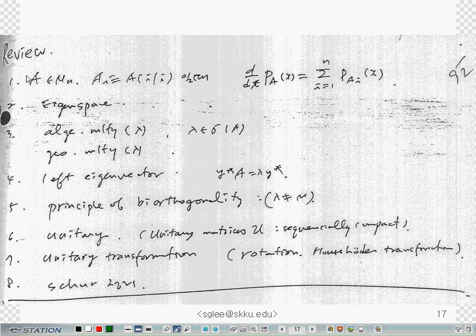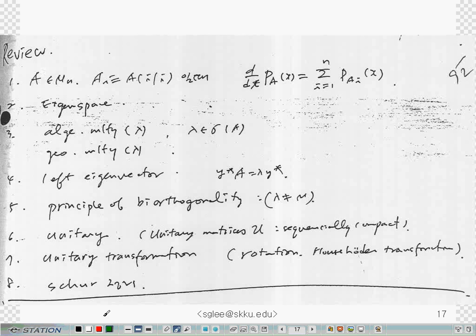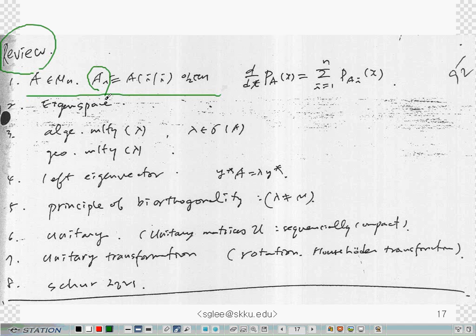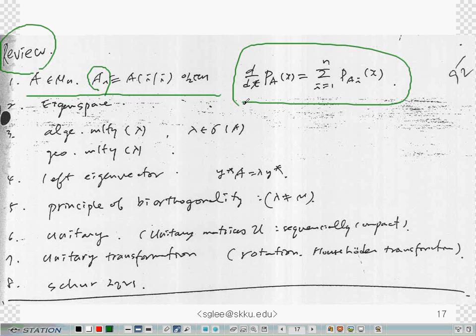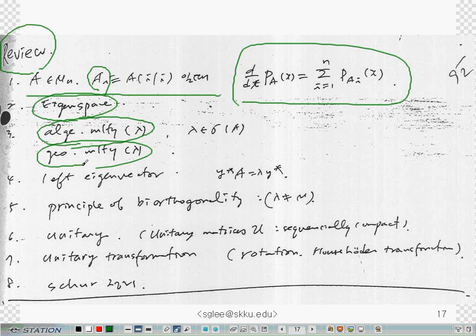Okay. Yeah, we can review what we have learned today. When A is an entire matrix and Ai is a submatrix, then this equality on the characteristic polynomial works, and we define the eigenspace, and we define algebraic multiplicity and geometric multiplicity.